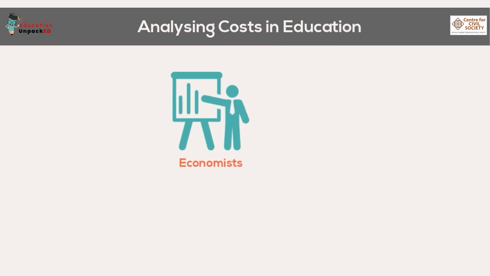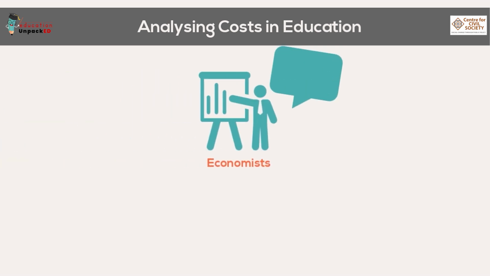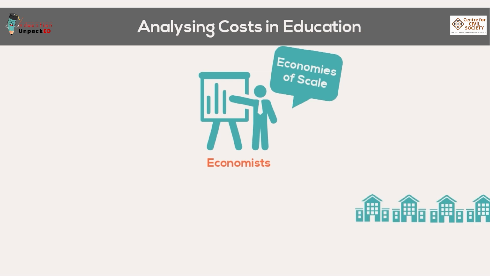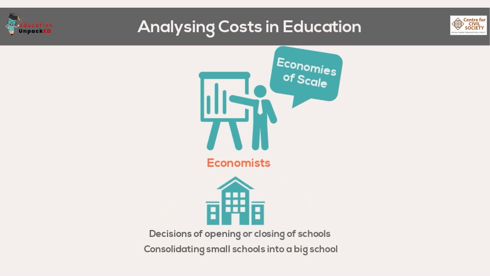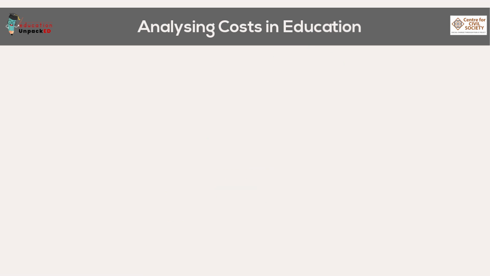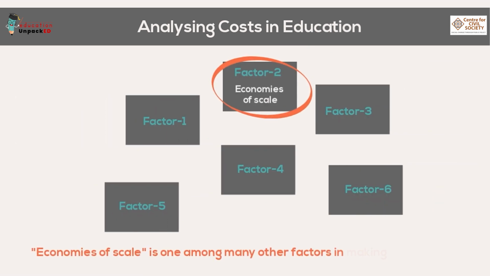The impact of what economists call economies of scale is seen in school operation costs, and this affects decisions made about opening or closing schools or consolidating small schools into a big school. Economies of scale is one among many factors which are considered when making such decisions.